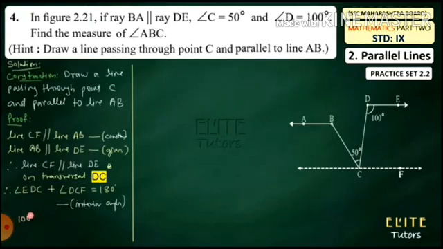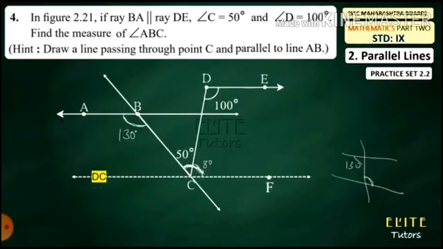Angle EDC is 100 degrees plus, as it is, DCF, because we don't know the value of DCF. So 100 goes to the other side of the equal sign, it becomes minus. So 180 minus 100, we will get 80 degrees. So here we can get DCF equals 80 degrees.